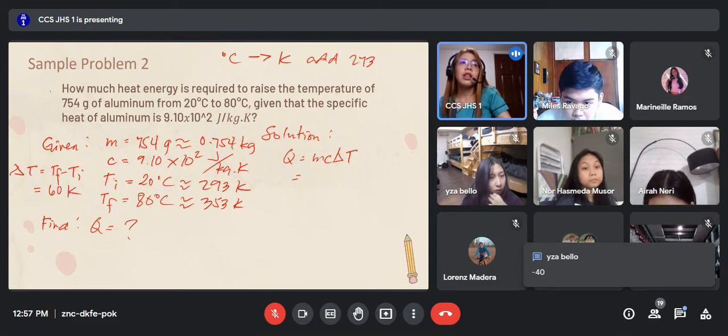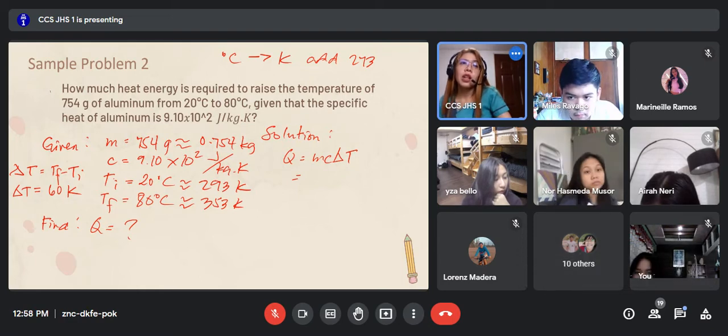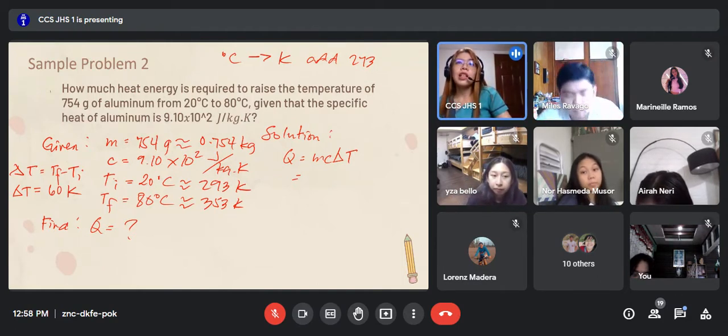Okay, so our delta T is 60 Kelvin. It's the same as 80 minus 20, which is also 60. But our goal is Kelvin, not degrees Celsius, so we converted it to Kelvin. Now we can cancel out the Kelvin in the specific heat and also the kilogram.